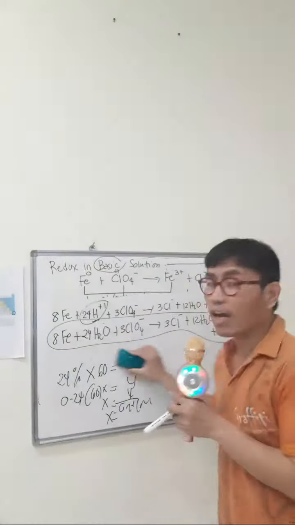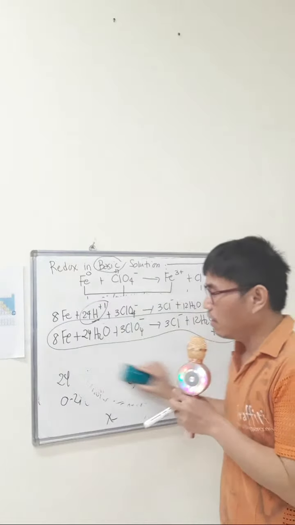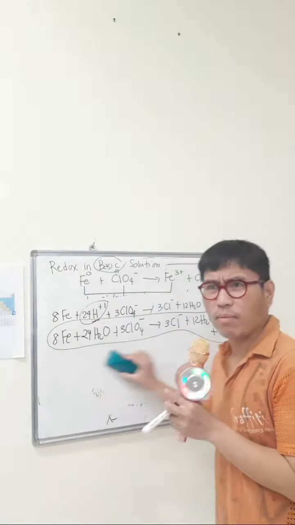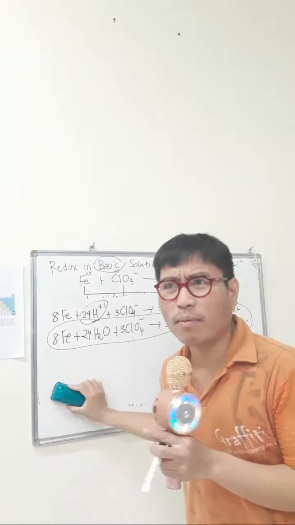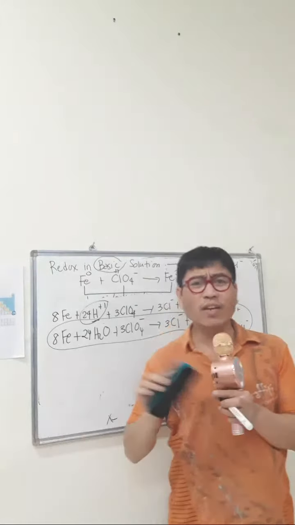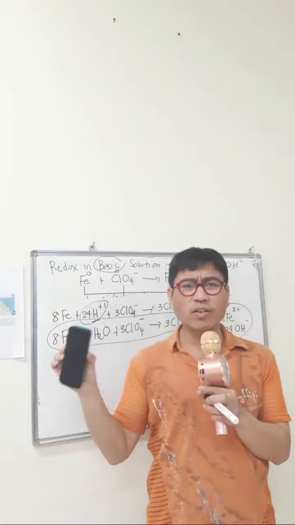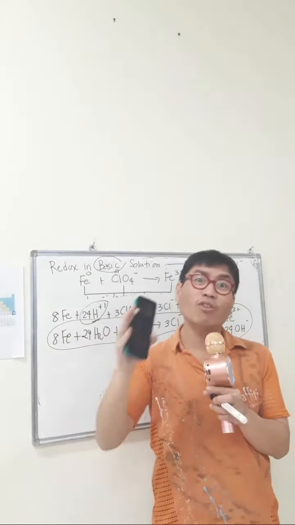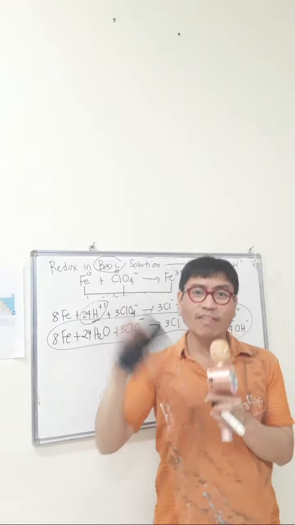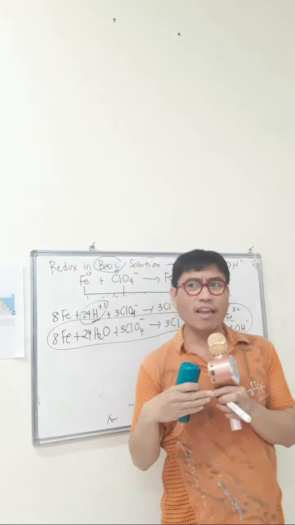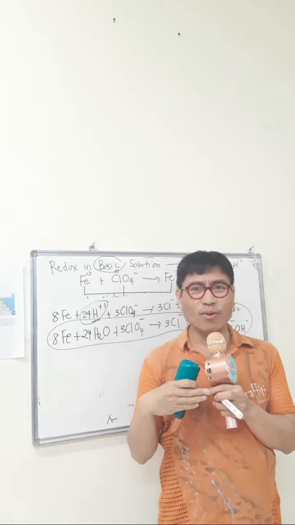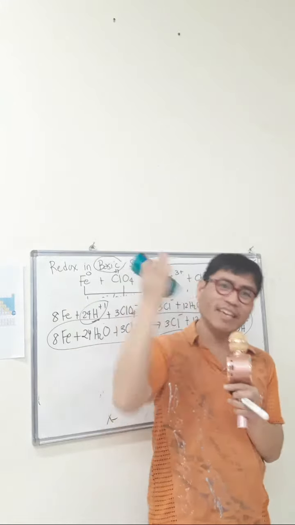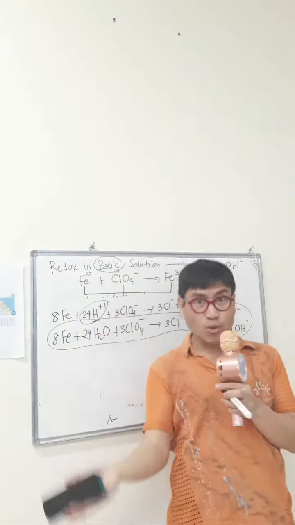And we have also the clock problem in algebra. Clock problem, age problem, and the work problem. For example, the work problem: if Sotero can finish the job in 2 hours, how many hours can he finish in 3 days? And you let x as the number of work that will be done in 3 days, in 4 days, then ratio and proportion, something like that.